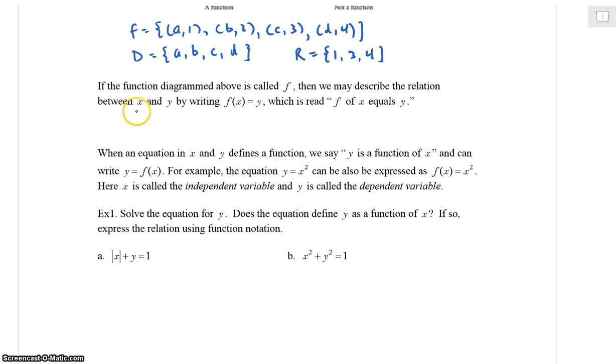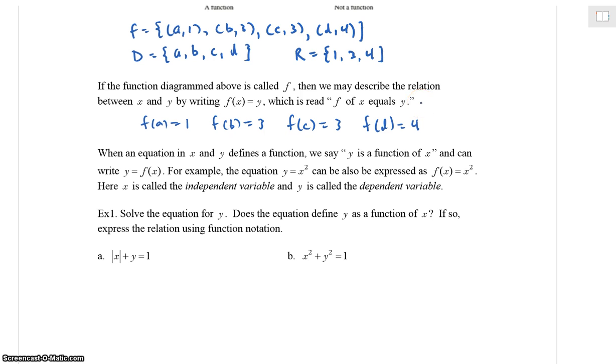We can say f of a equals 1, f of b equals 3, f of c equals 3, and f of d equals 4.